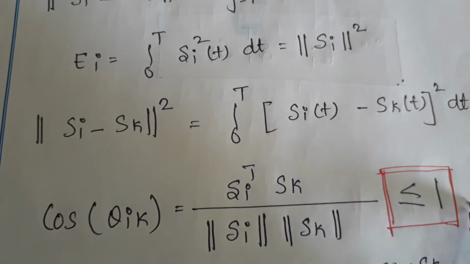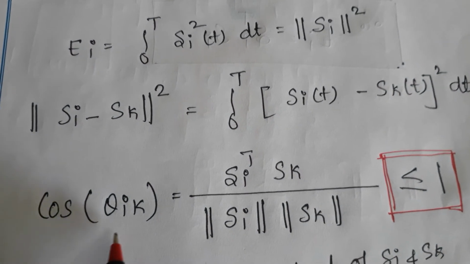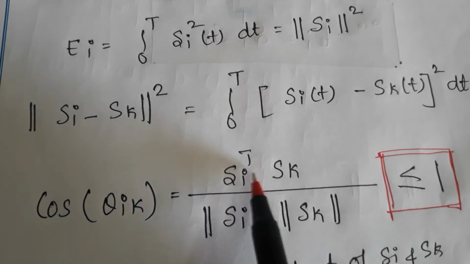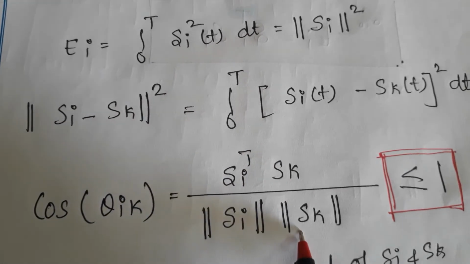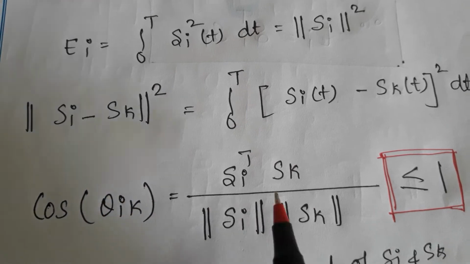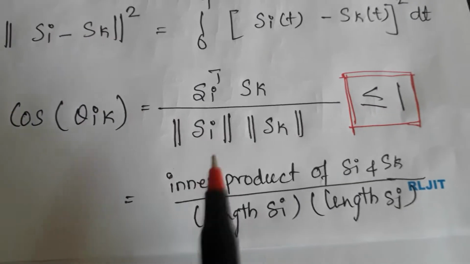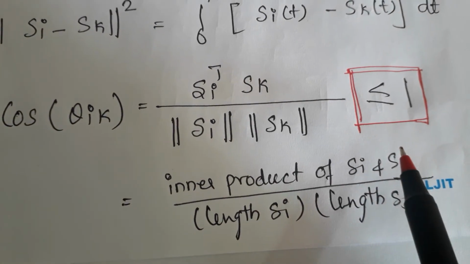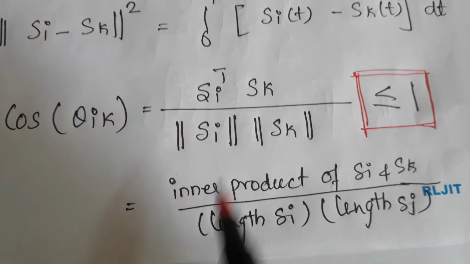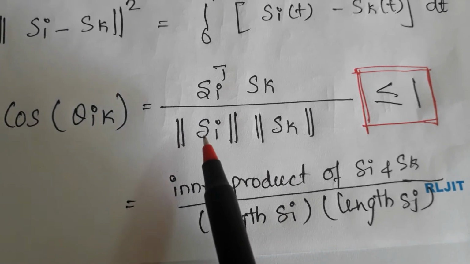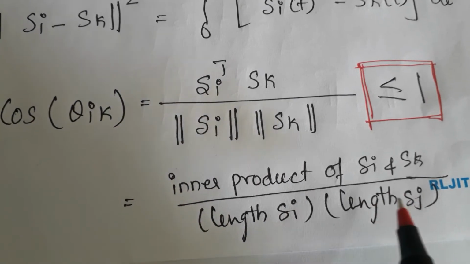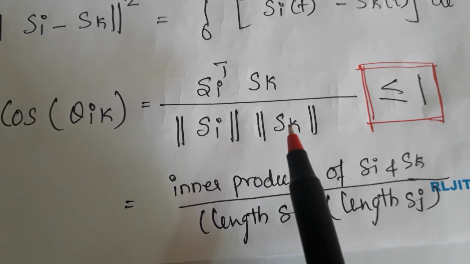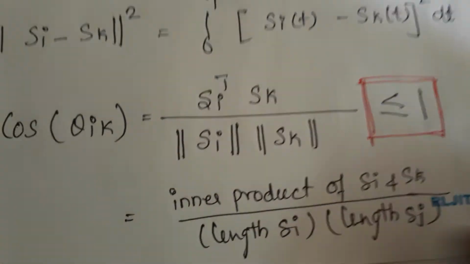You have to remember the angle between I and K is Si transpose Sk divided by the lengths of Si and Sk. This is also given by the inner product of Si and Sk, that is Si transpose Sk, followed by the length of Si, the absolute value, and the length of Sk, the absolute value.